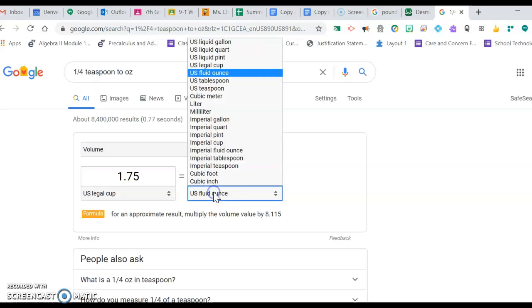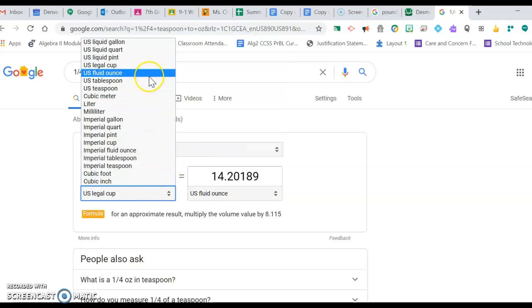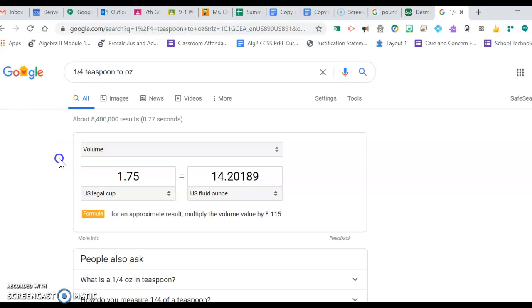Okay. Let's go back to ounces. It's not liquid ounces. 14.2 ounces. Okay.